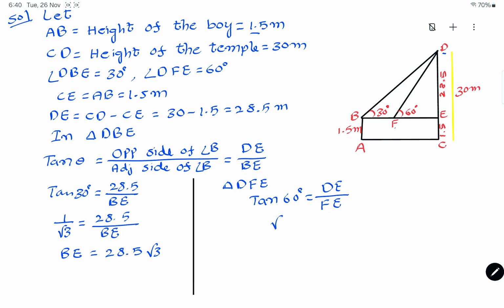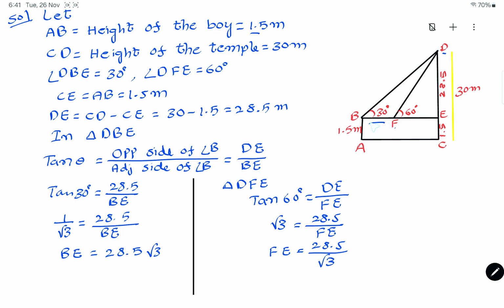Tan 60 is root 3. Here DE is 28.5 meters. FE we don't know, right, as it is. Do cross multiplication, then FE, transpose FE from RHS to LHS. Now this root 3 transposes from LHS to RHS, then it will divide, giving 28.5 by root 3. Now we know the lengths of BE and FE.